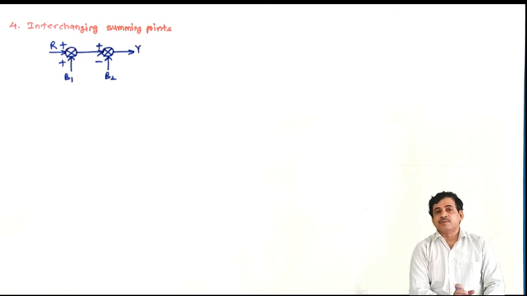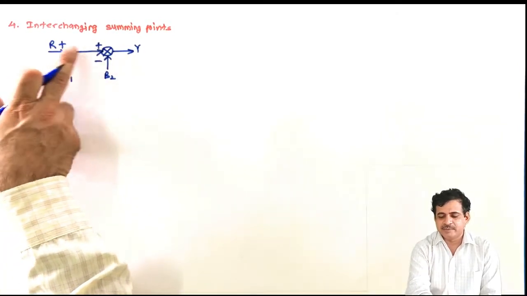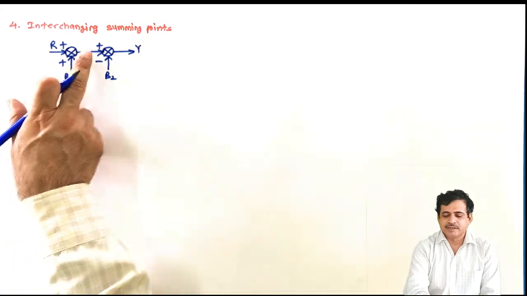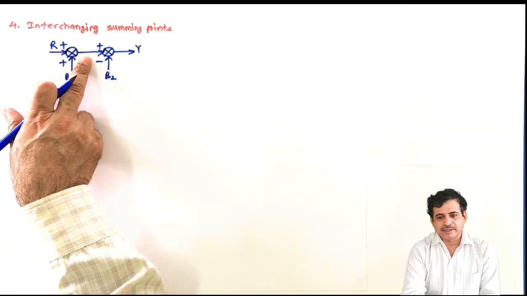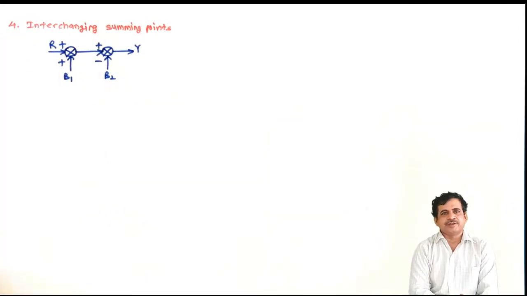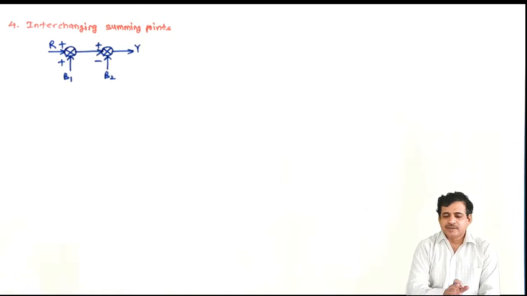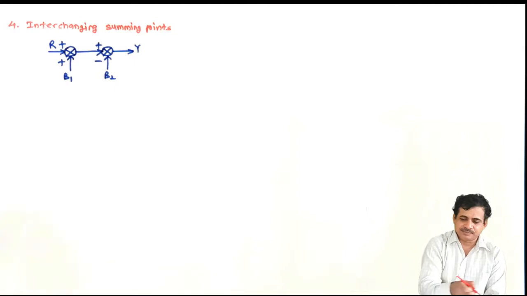Now these are the two summing points where there is nothing in between them. There is nothing between, neither a block nor a signal moving out of it. So these two summing points can be interchanged.